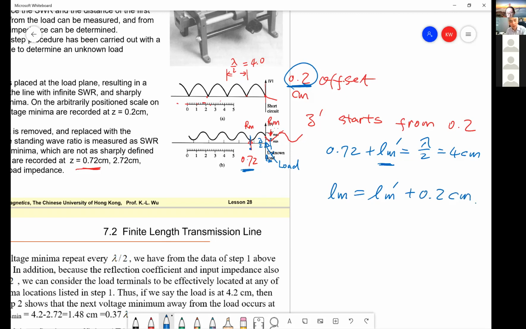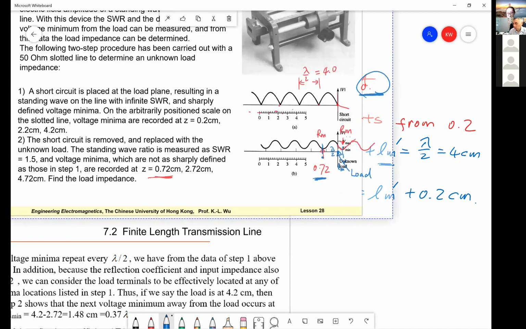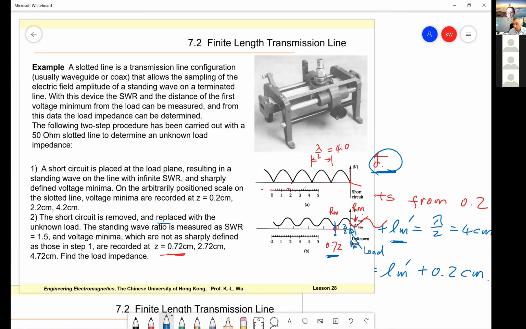This is how we find Lm. Once you find Lm, and the standing wave ratio is also given, our problem can be solved, right?